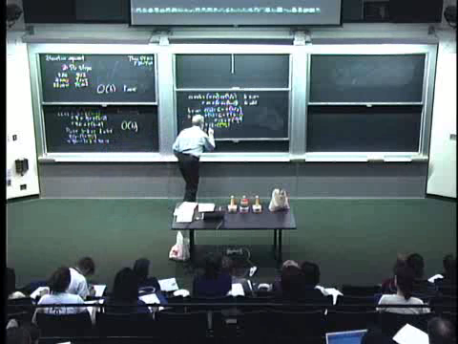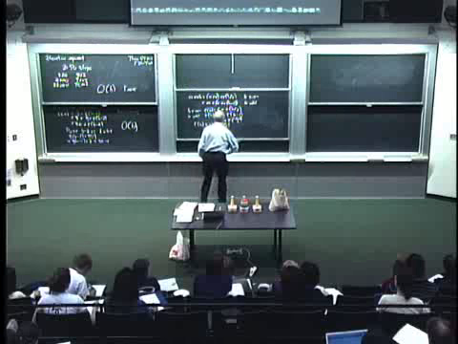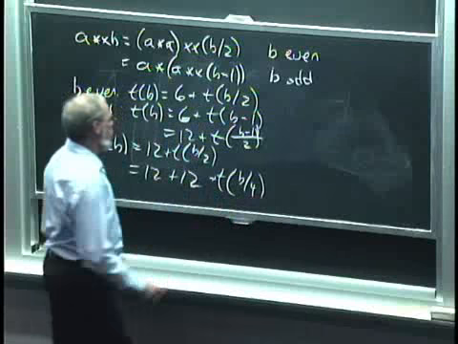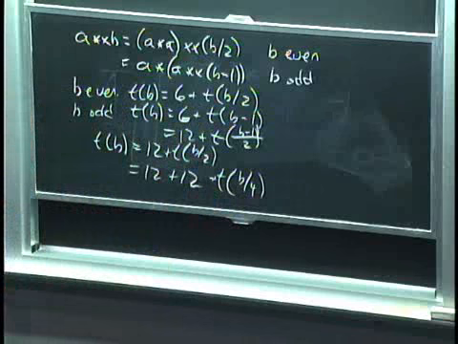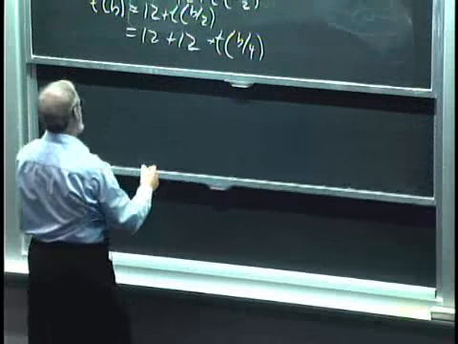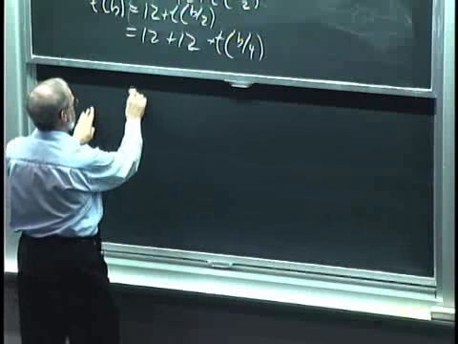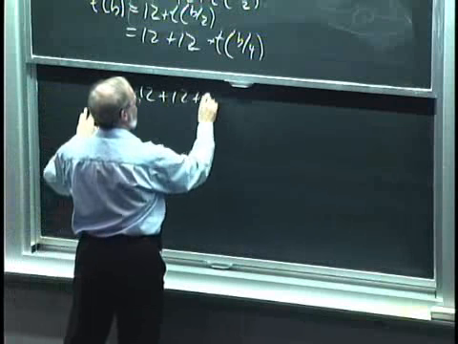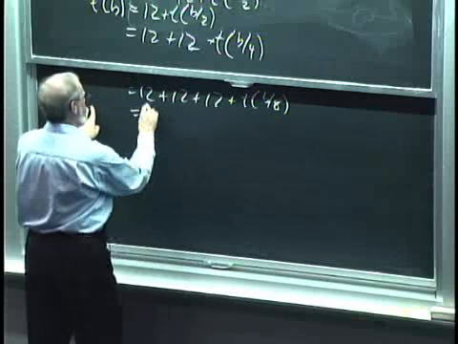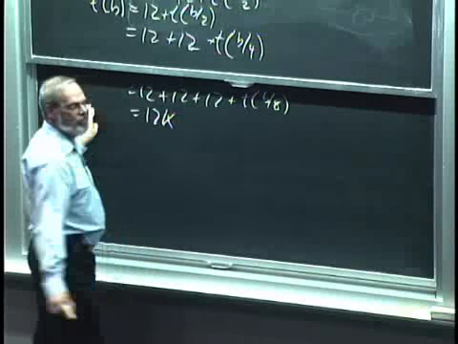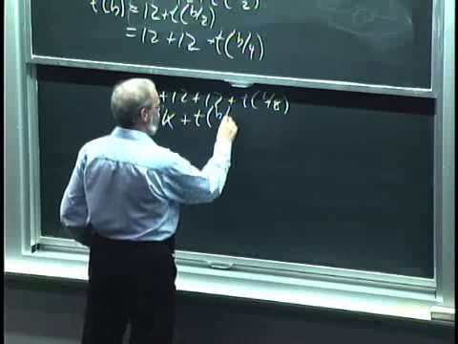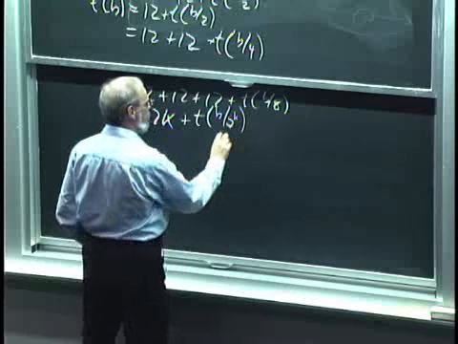Why is that nice? Well, that then says after another 12 steps, I'm down to problem size b over 4. And if I pull it out one more level, it's 12 plus t of b over 8, which in general is going to be, after k steps, 12k, because I'll have 12 of those to add up, plus t of b over 2 to the k.